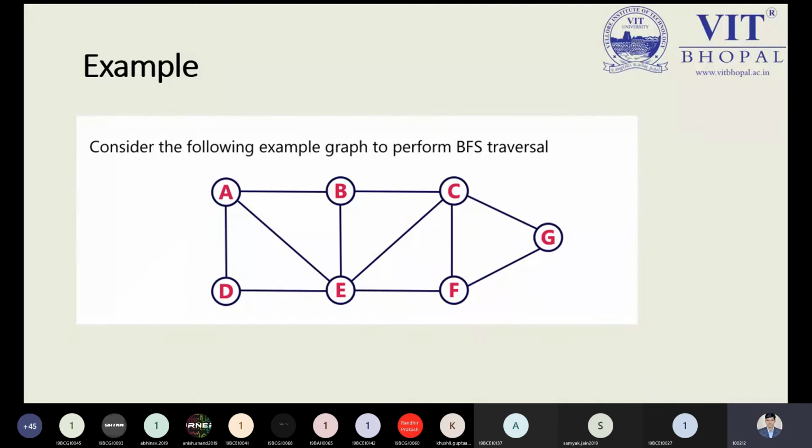Now, Goshan Singh Gill, roll number 19 BC 10041. Goshan, are you there? Goshan? Okay, so Goshan is not speaking, so he will not allow to attend this class.